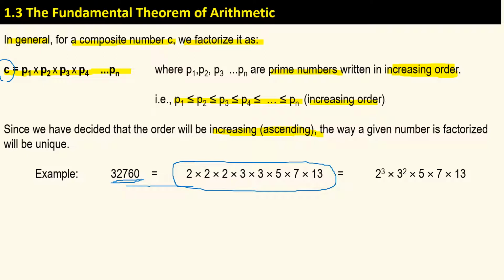If this is expressed in its prime factors, with the prime factors in increasing order, P1 less than or equal to P2 and P2 less than or equal to P3, just like you see here, all the 2's are first, then 3, 5, 7 and 13. This factorization will be unique, and that is what the fundamental theorem of arithmetic states.